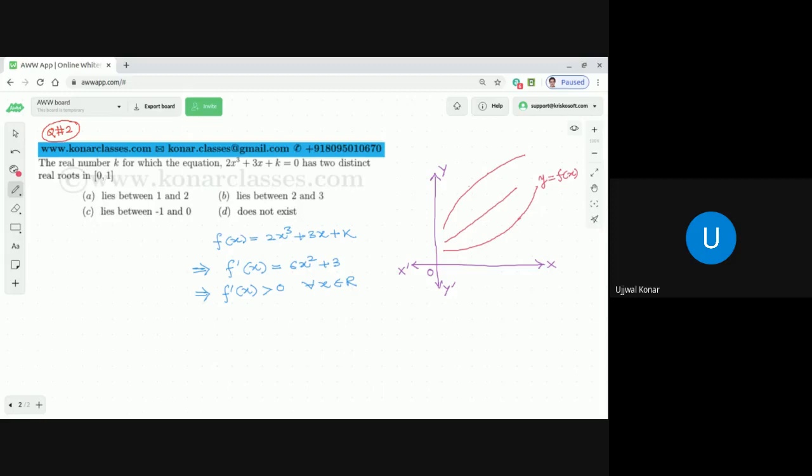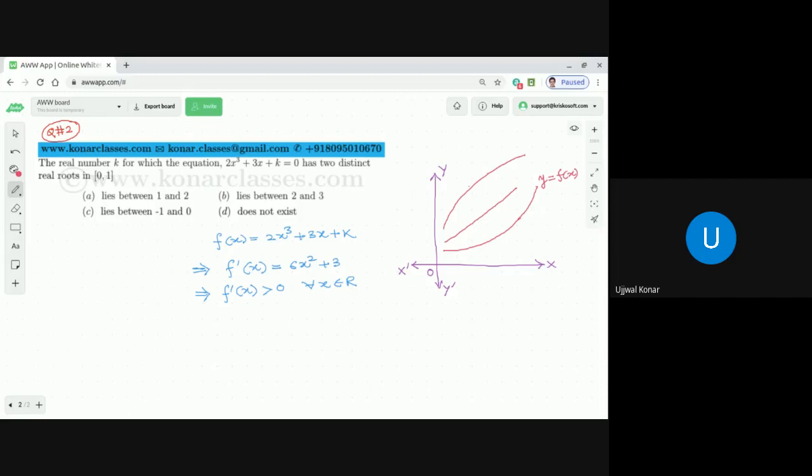But in brief, if you see that f dash x is greater than 0, then you can conclude that y equal to fx is an increasing curve, or an increasing function. On the other hand, if you find that f dash x is less than 0, then you can say the function is a decreasing one.